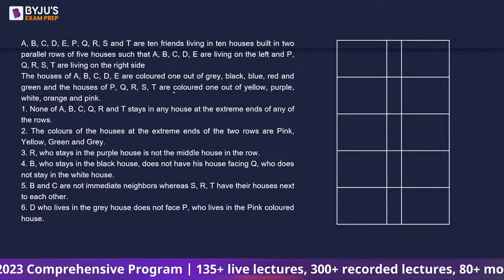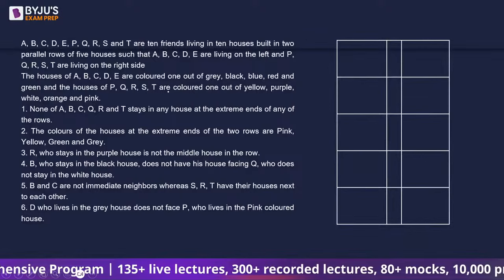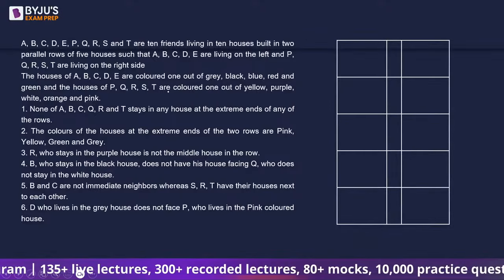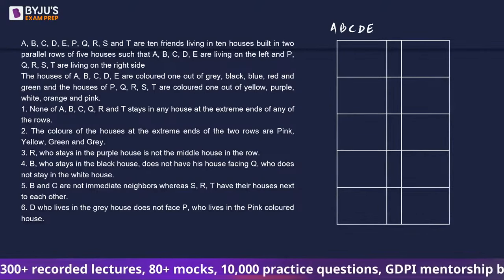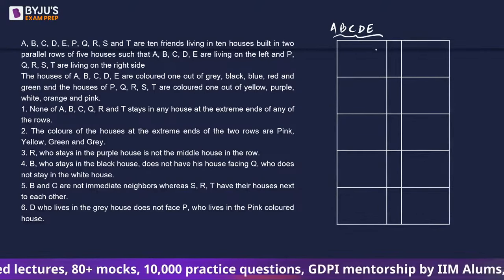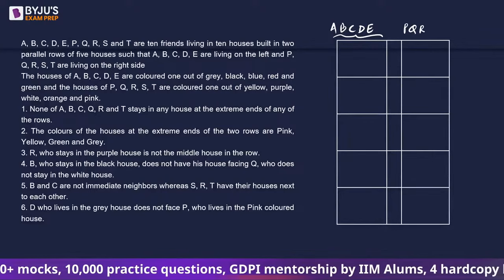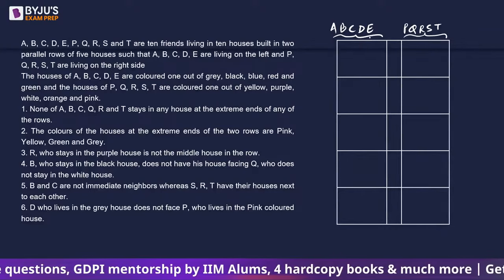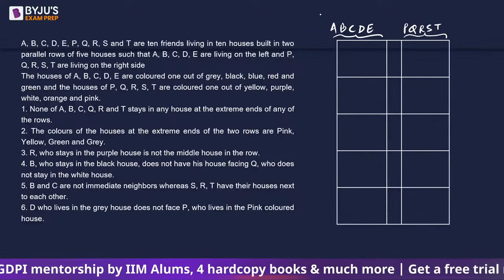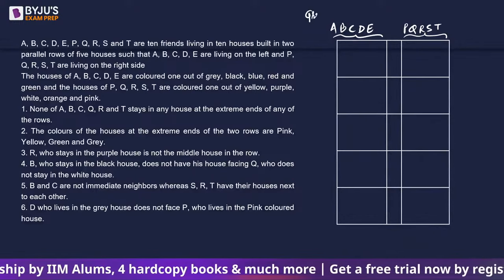So it is known that A, B, C, D, E are living on the left, right? And P, Q, R, S, T are living on the right hand side, right? The colors of A, B, C, D, E are gray, black, blue, red and green.